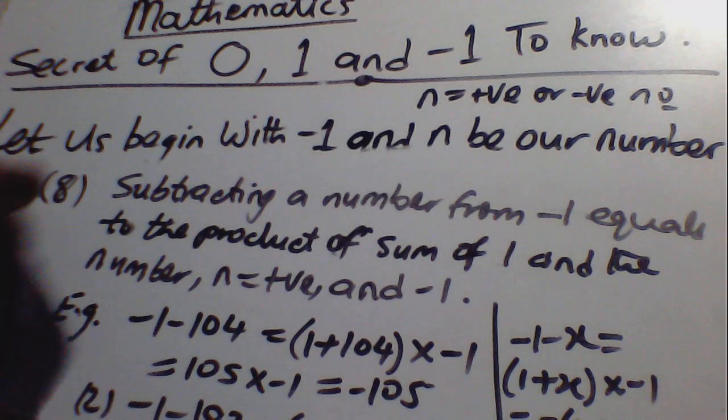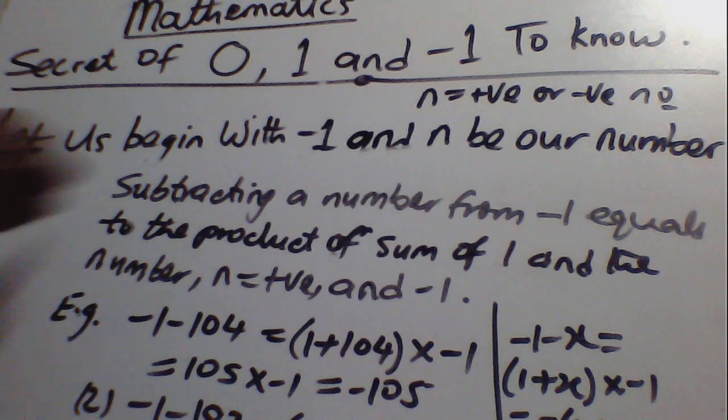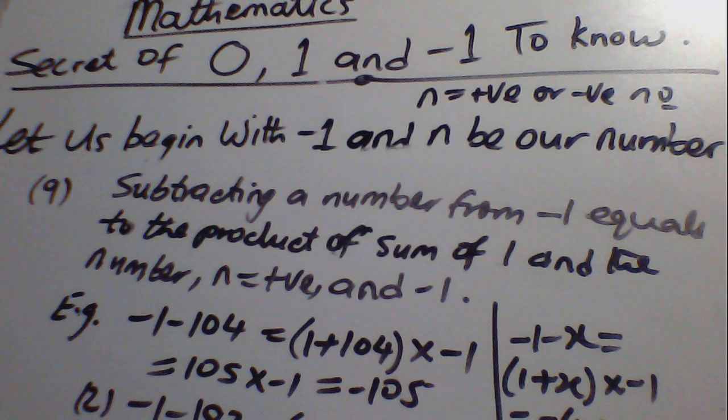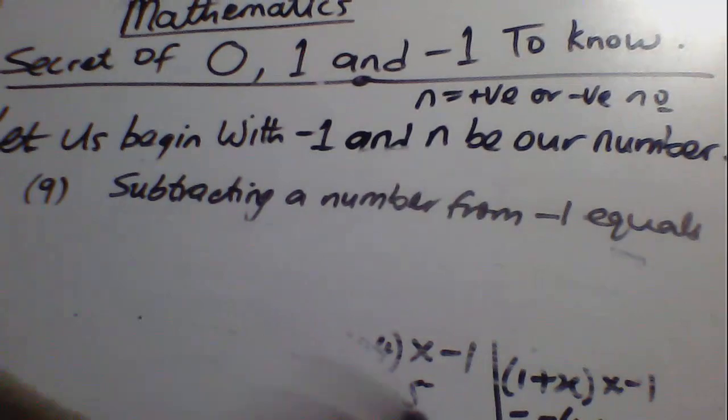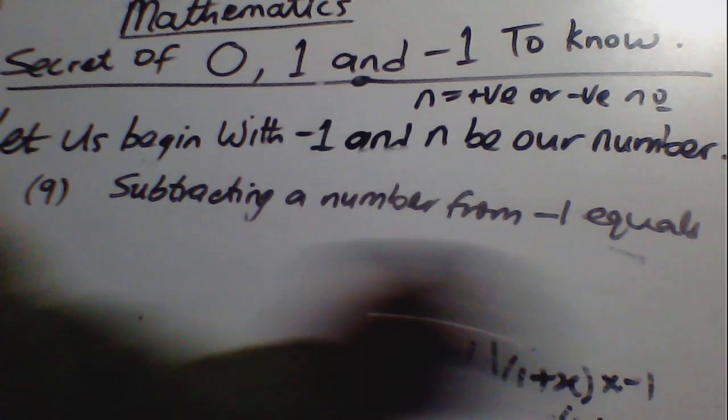So the ninth one, before we close for today. The ninth one is subtracting a number from -1 equals the decrease of the number by 1. In this case, n is a negative number.